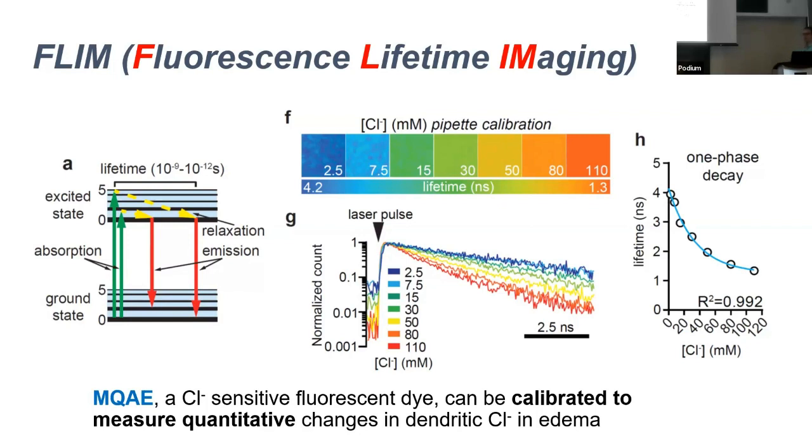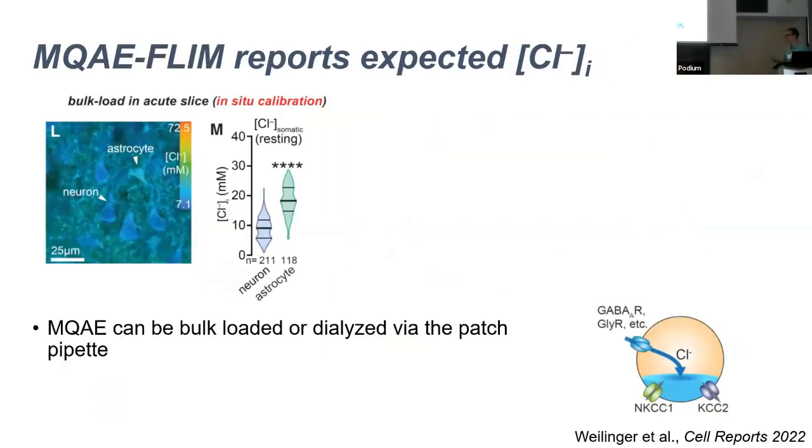And so if we have a dye dilution in the case of swelling, for instance, this will be unaffected. And so once we figure out what lifetime corresponds to what chloride concentration, we can just fit this with a mono-exponential decay curve. And then when we're doing the experiment, we say, oh, 3 nanoseconds is the lifetime, and so we can figure out that that's about 15 millimole chloride.